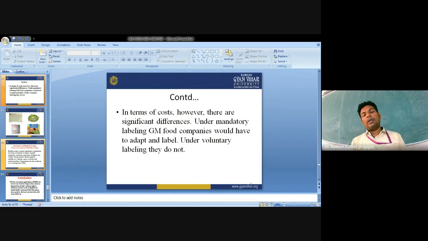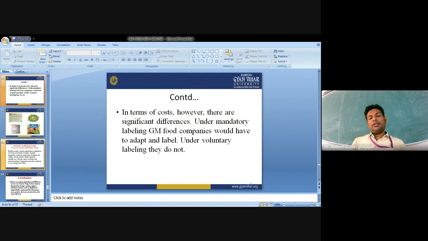Labeling is required for vegetable oils and other highly refined products in which genetically modified DNA or resulting proteins are no longer present or detectable in the final product. Adventitious presence of a GM ingredient is allowed if no more than 0.9%.